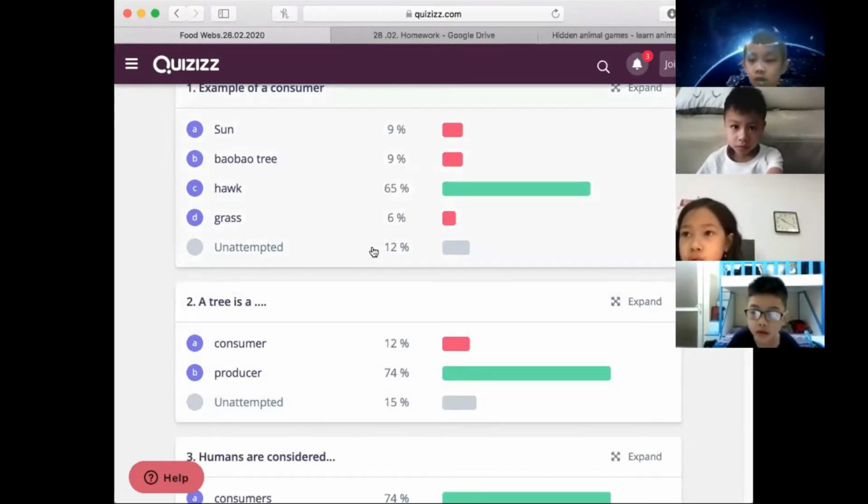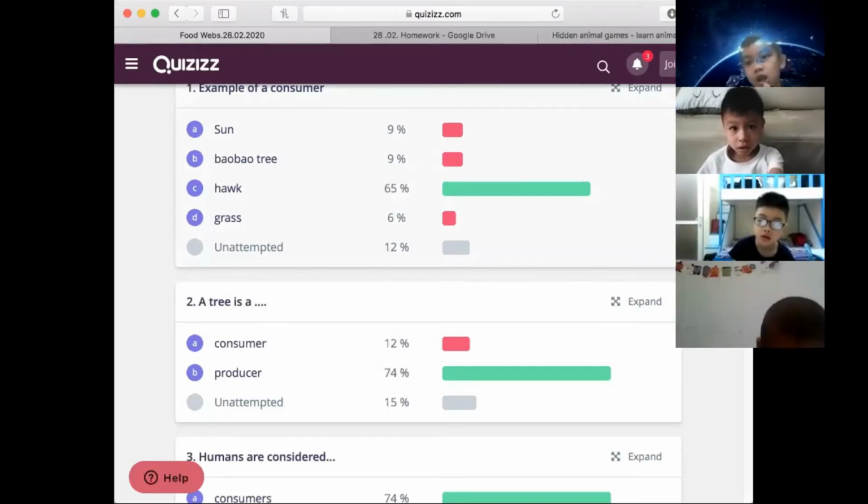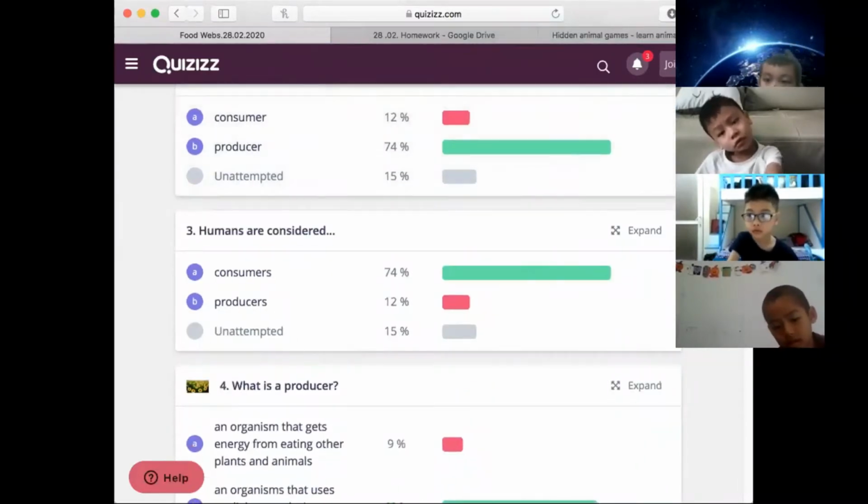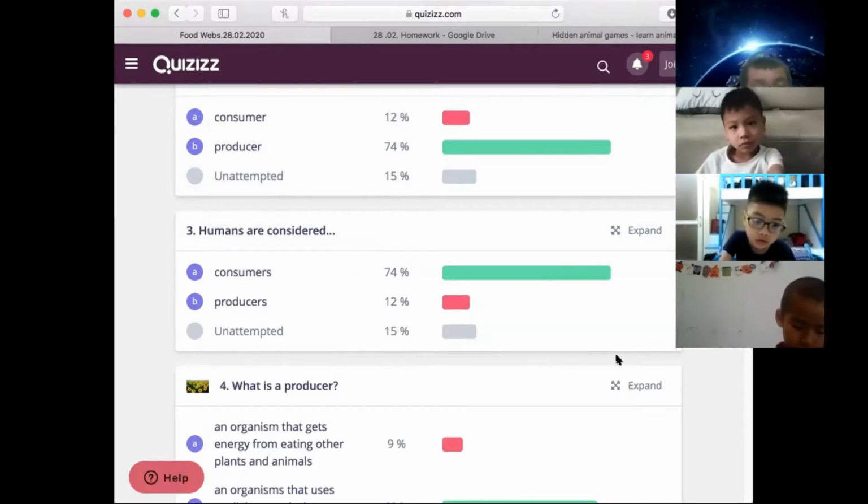Very good, Teddy. Thank you. A consumer cannot make its own food. Instead, it eats other animals. Kaki also said the answer in chat. Good job. Number 3. Humans are considered 1, 2, 3.